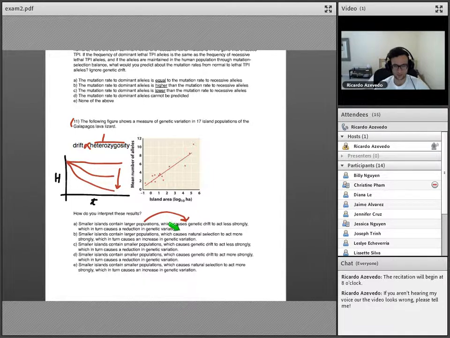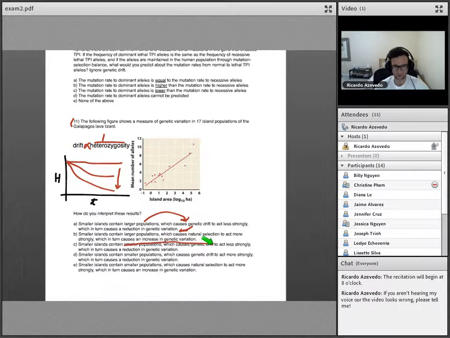So except for the first part, where it says smaller islands contain larger populations, the rest is logically sound. B, smaller islands contain large populations, which causes natural selection to act more strongly, which in turn causes an increase in genetic variation. C, smaller islands contain smaller populations, which cause genetic drift to act less strongly. Again, smaller populations mean more drift, so this one is wrong.